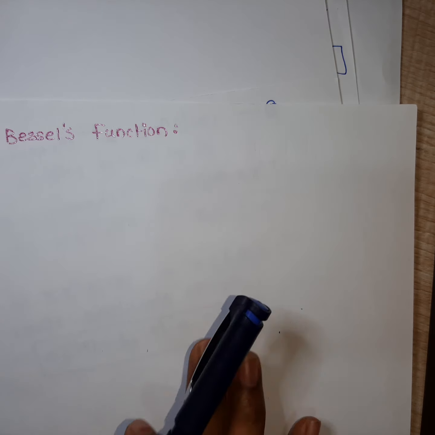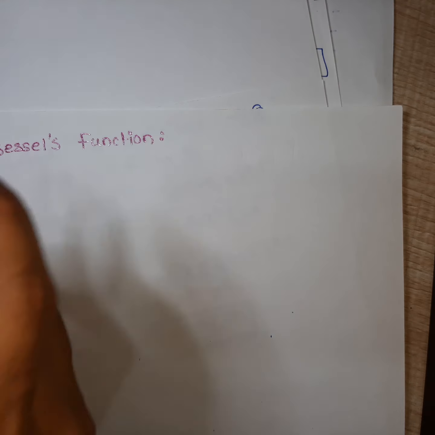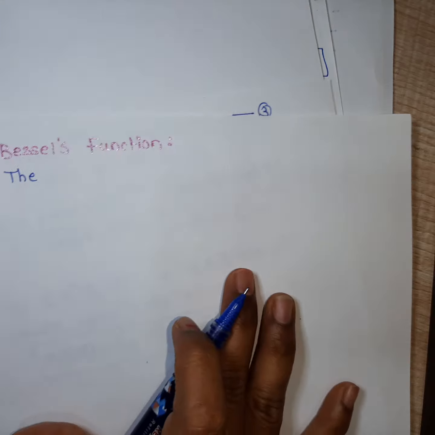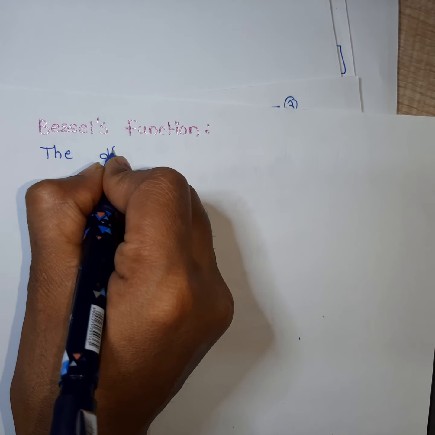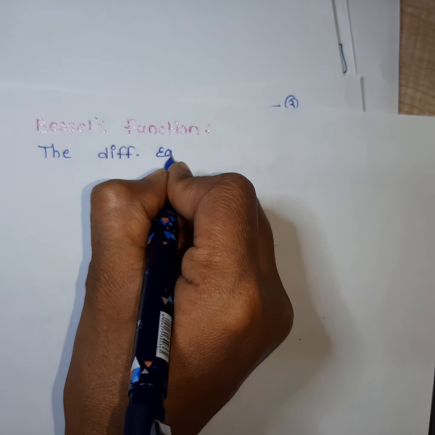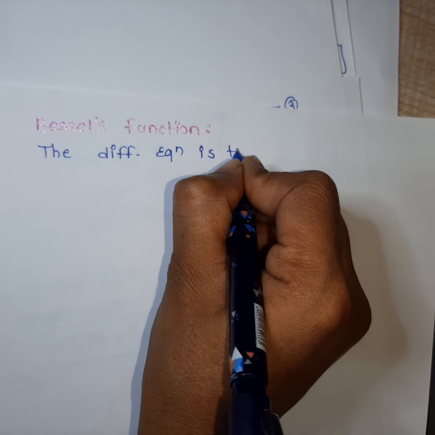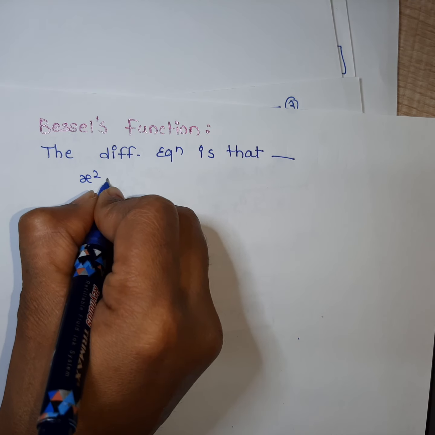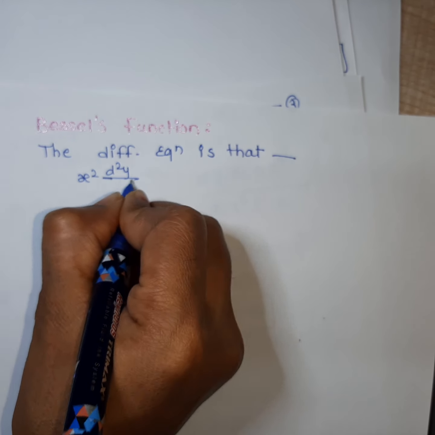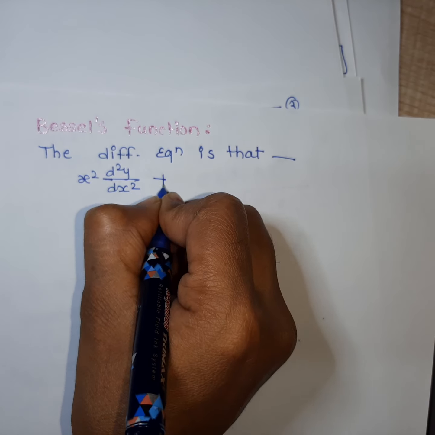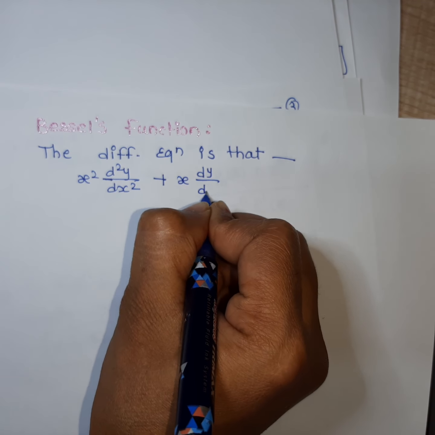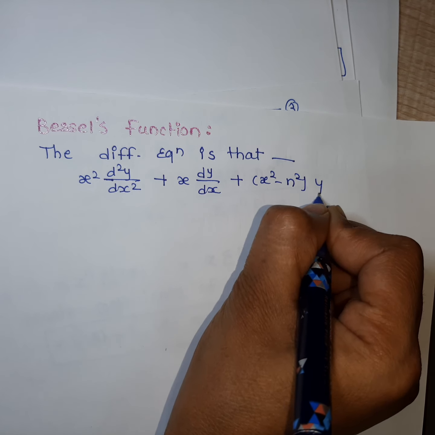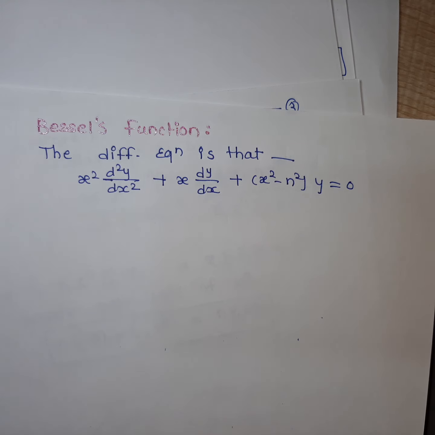For this, the differential equation is x square d square y by dx square plus x dy by dx plus (x square minus n square) y is equal to 0.